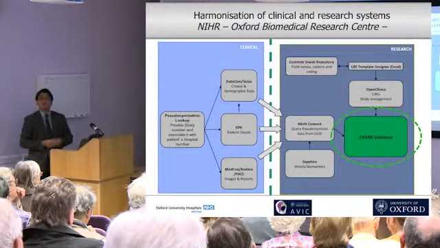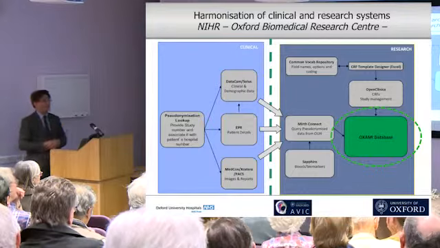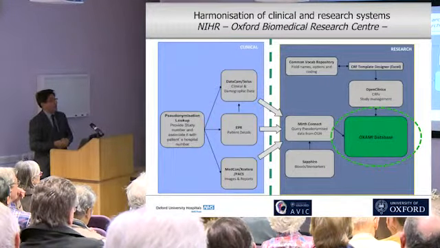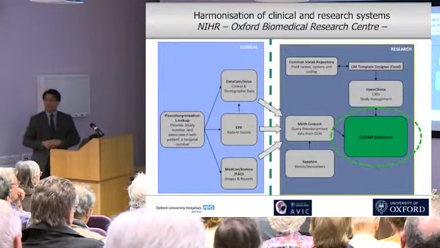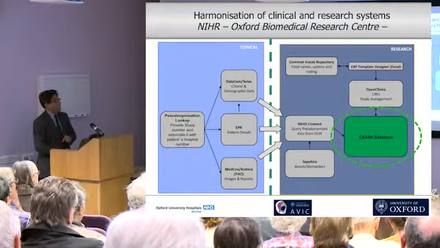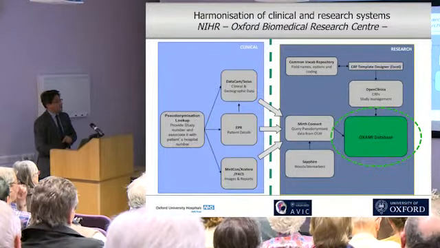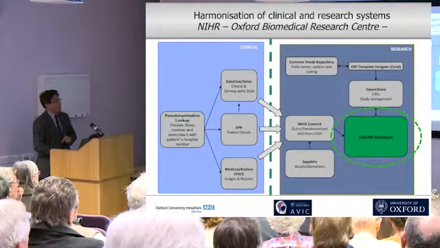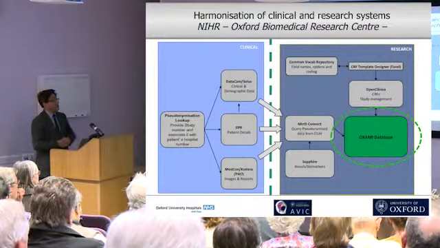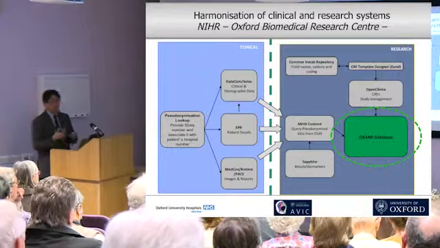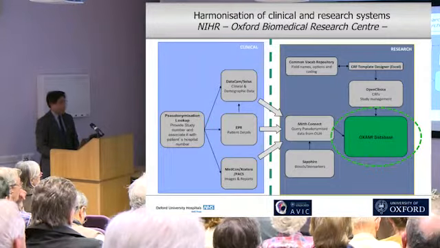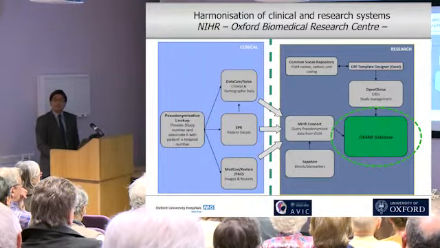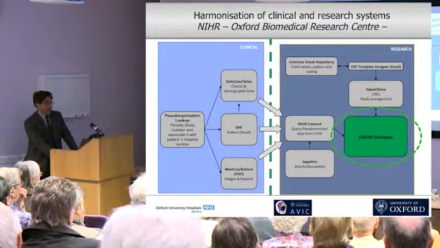But if we want to use that for research purposes, so that we really have very thorough characterization of our consenting patients, then we need to be able to harvest those data in a way which is research appropriate. So one of the things that we've done with BRC support is to mirror the clinical databases with a pseudo-anonymized database, which allows us to access in research appropriate form a lot of data that was previously invisible to us, and to be able to search that and to integrate it with our research data. So that means that the clinical databases now become a very important and very powerful research tool.